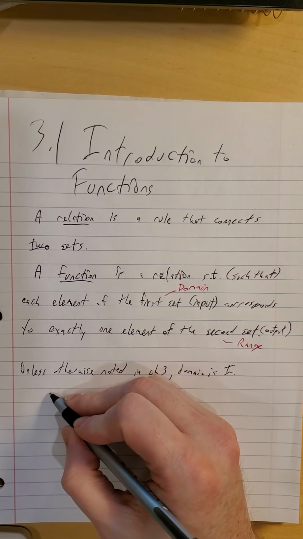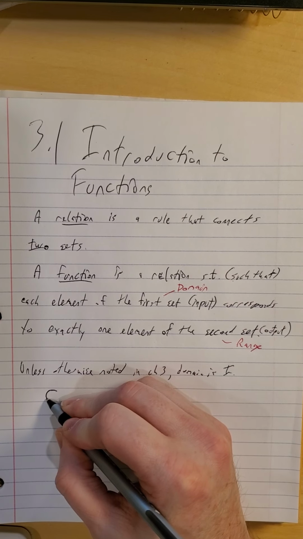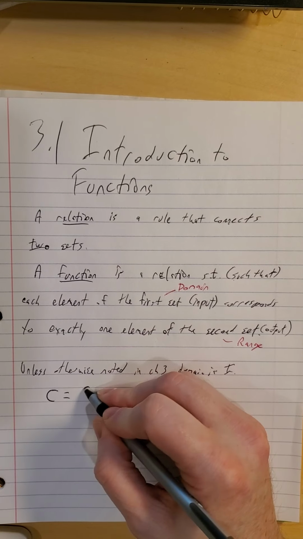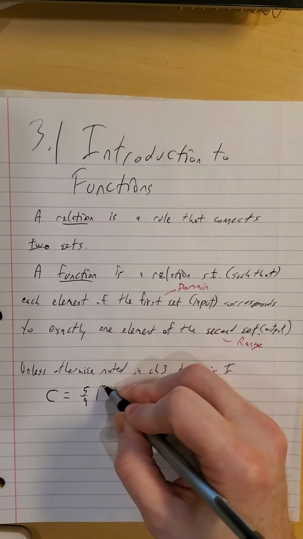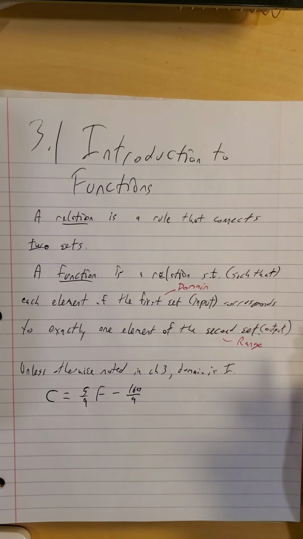All right, so we'll start with an example of a relation involving temperatures. C is worth, let's say, 5/9 of (F minus 160) all over 9.